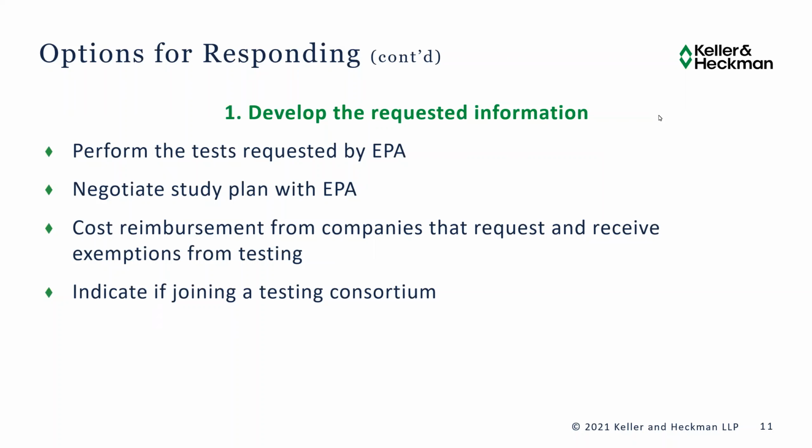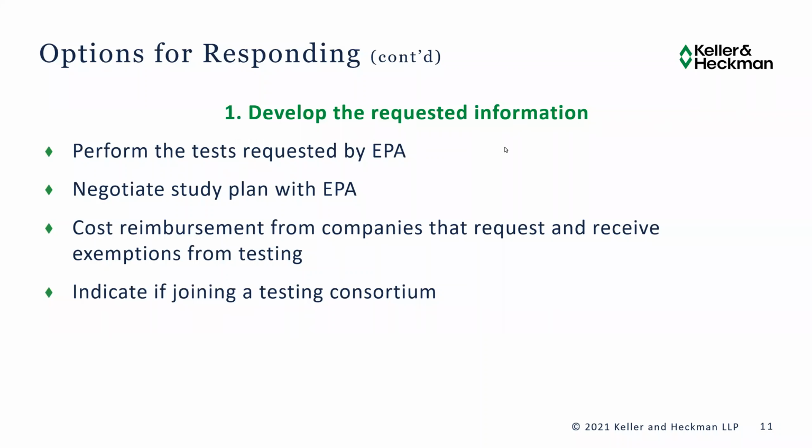If you develop the requested information, you do have the ability to get reimbursed from companies that request and receive exemptions from testing. Exemptions are another option that I'll discuss in a later slide. And then as part of this, you'll also indicate if you are joining a testing consortium. Consortiums are a possibility for organizing the testing to the extent that there are tests that only need to be performed once.